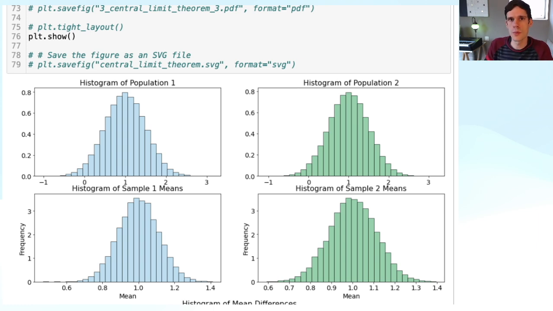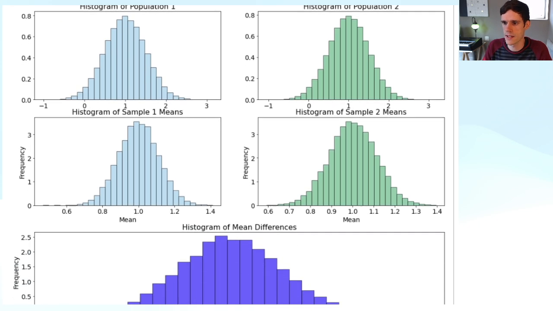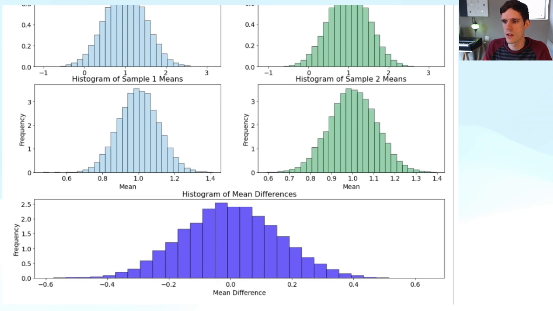The difference between these two sample means is of course distributed. And this is exactly what we plot in this last figure. We plot the difference between sample means. Now, of course, thanks to the Central Limit Theorem, we see that this distribution is also normally distributed. And indeed, it is centered around the value 0.